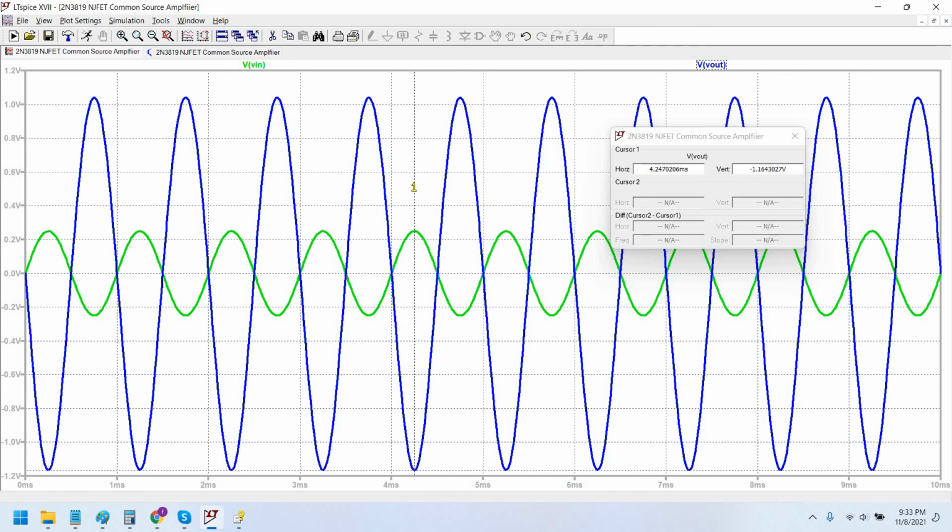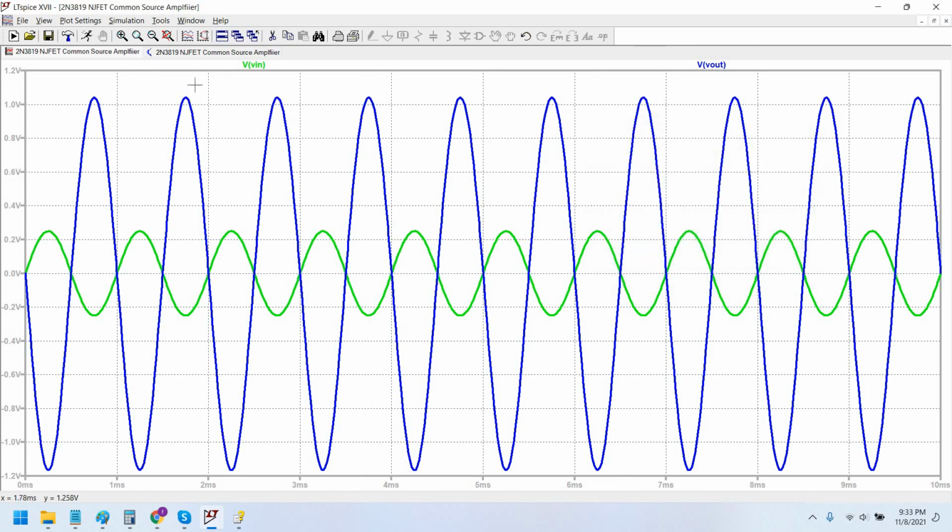That is about 1.16 plus 1.0, 2.2 volt peak to peak.